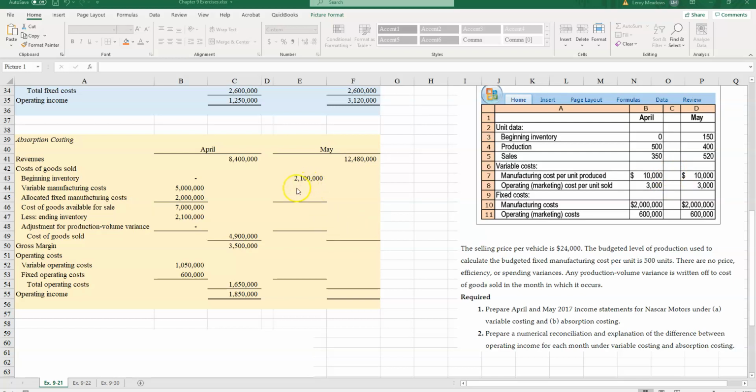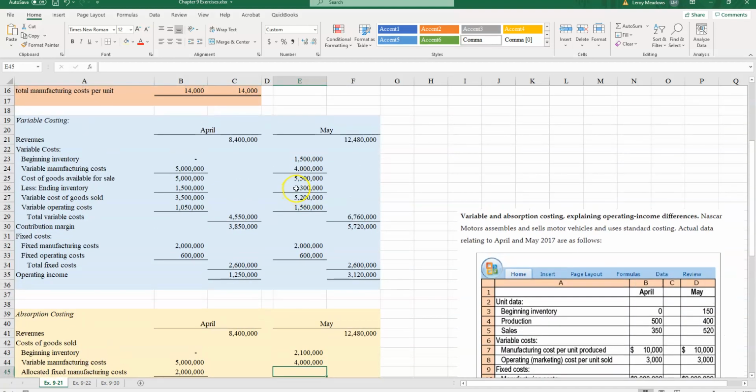So variable manufacturing costs during the period are $4 million, plus my allocated fixed manufacturing costs. Here I want to determine how much of my fixed manufacturing costs I allocated.